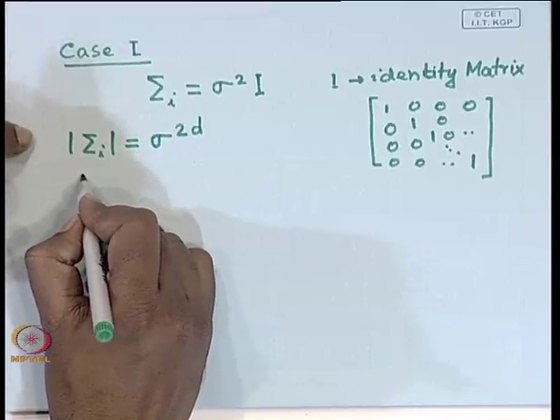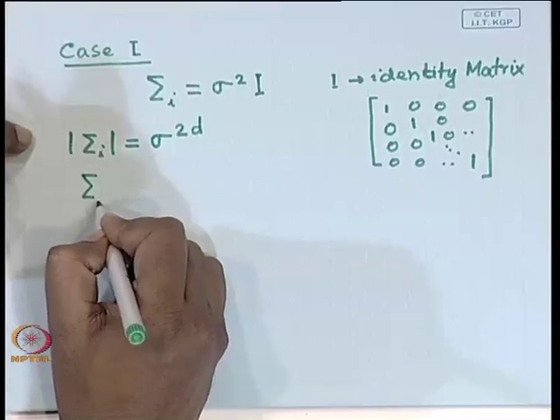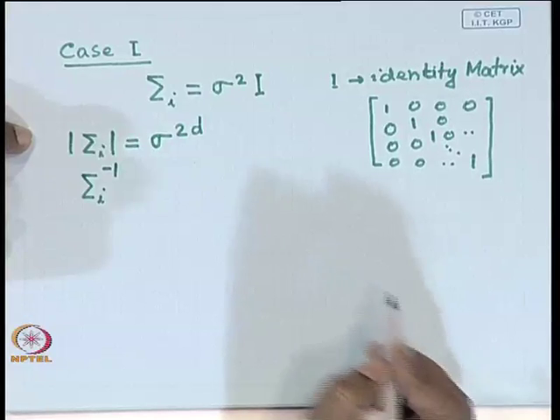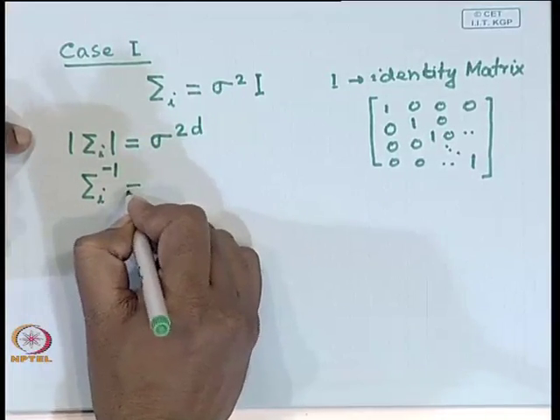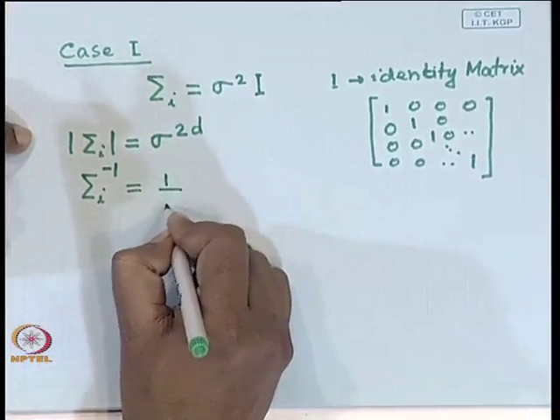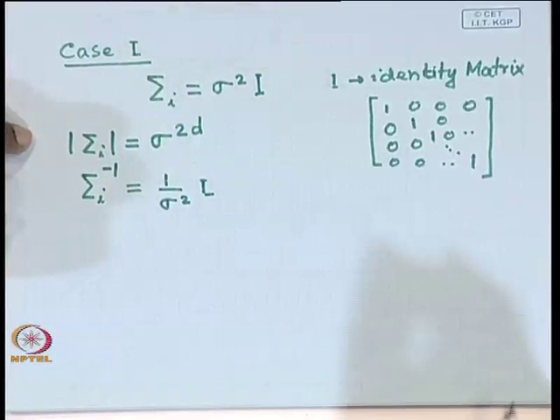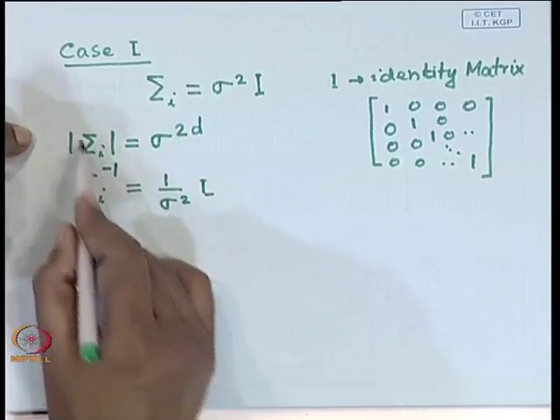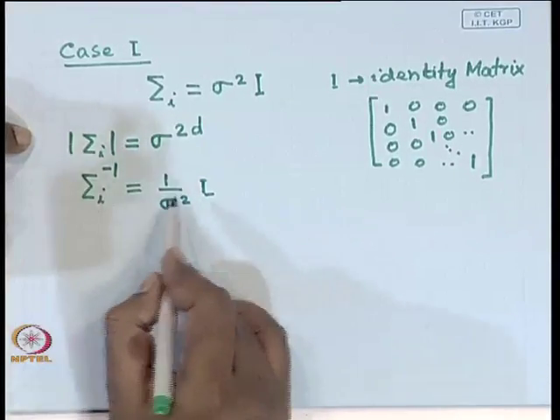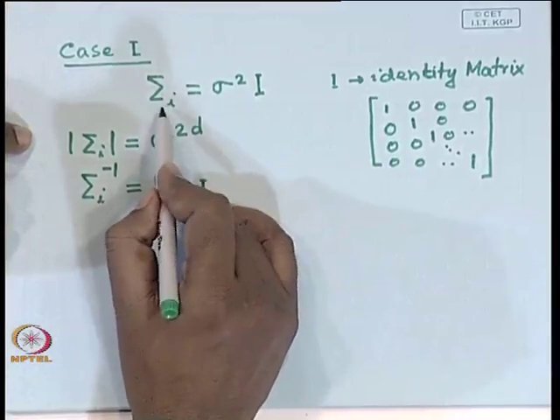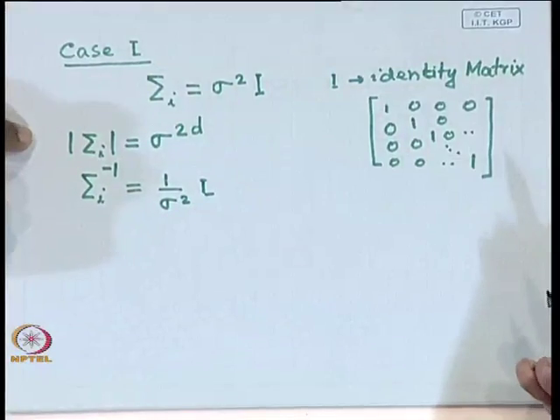And it is also quite obvious that the inverse of the covariance matrix, Σ_i inverse, will be nothing but 1 upon σ² into the identity matrix I. So, in this case 1, the covariance matrix is the same for all the different classes.